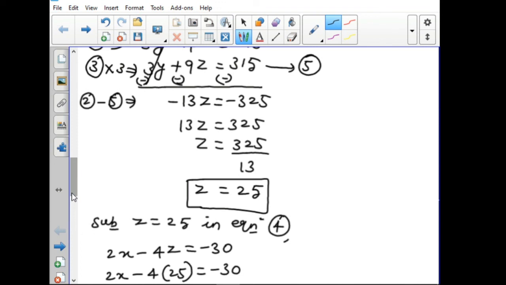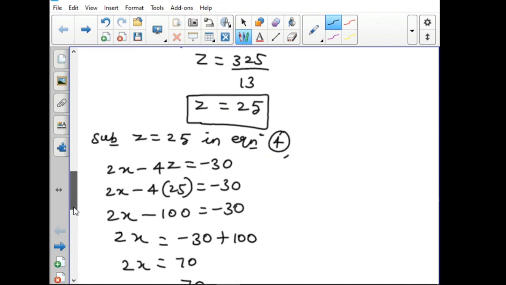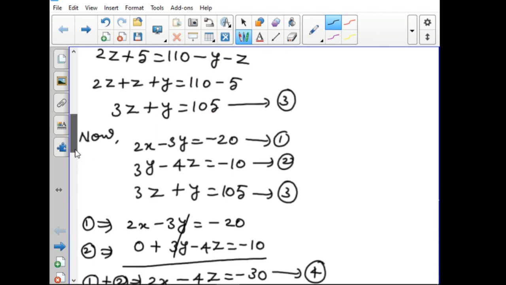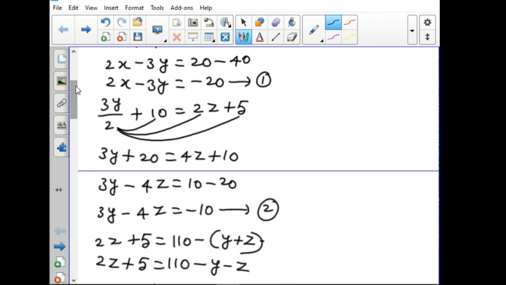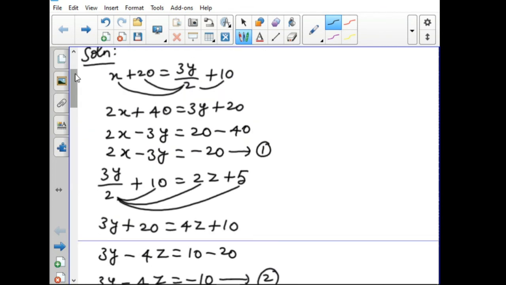The third one, they have not given equations like that. They have given in terms, like 2x minus 3y. Now I have to select the first two terms. I get the first equation, 2x minus 3y equal to minus 20.